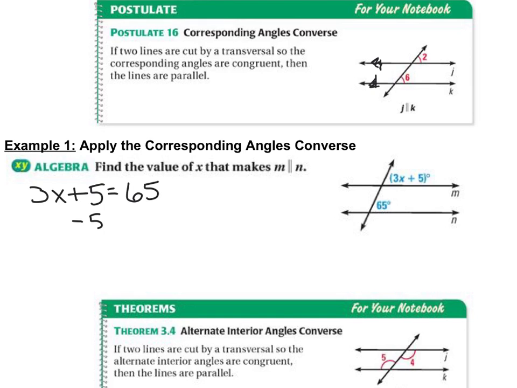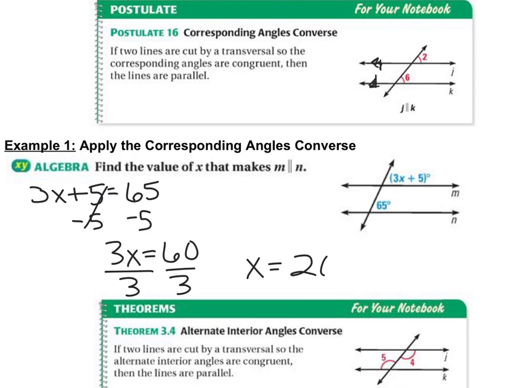Subtract 5 on both sides. We get 3x equals 60. We divide by 3 on both sides. To make those two lines parallel, x would have to be 20. So those are corresponding angles. If corresponding angles are congruent, then M is parallel to N.